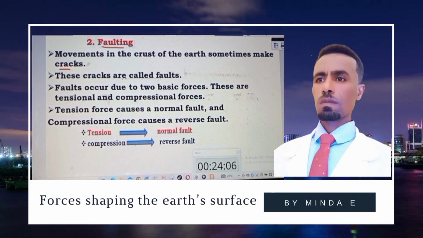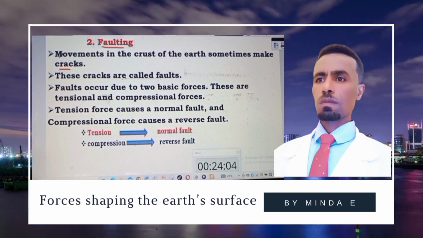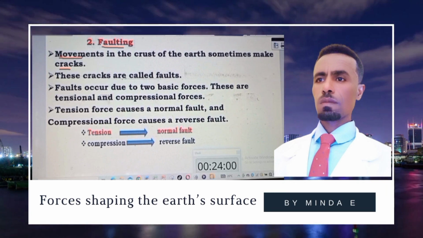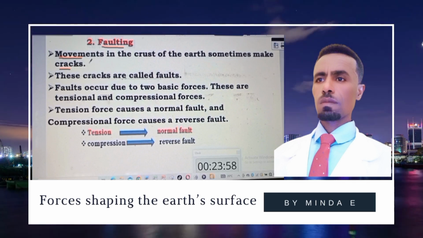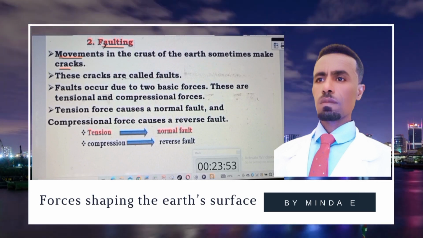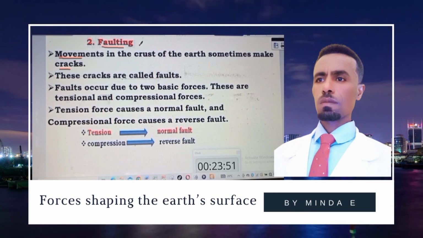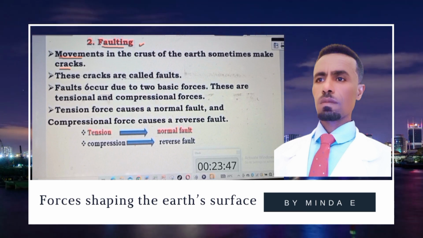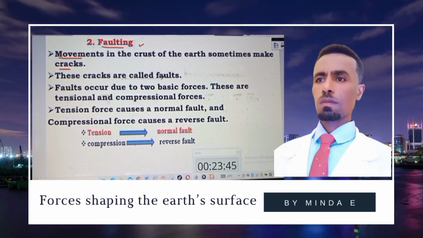If the internal movement of forces makes cracks, it is known as faulting. So faulting is cracking. These cracks are called faults.